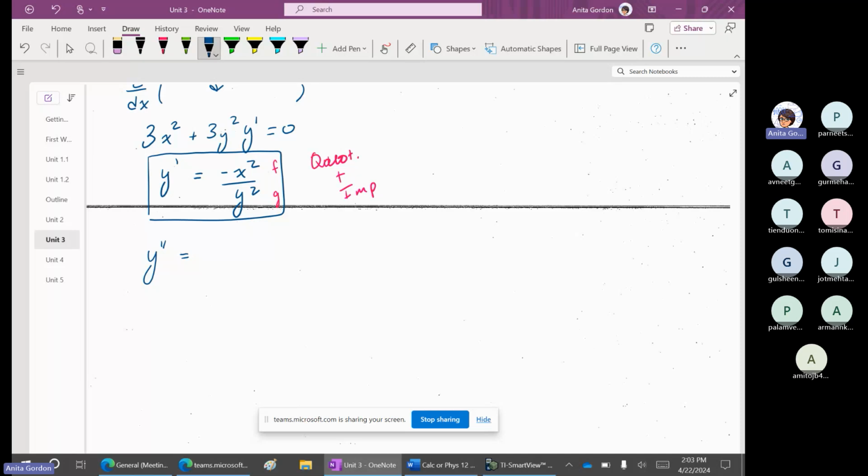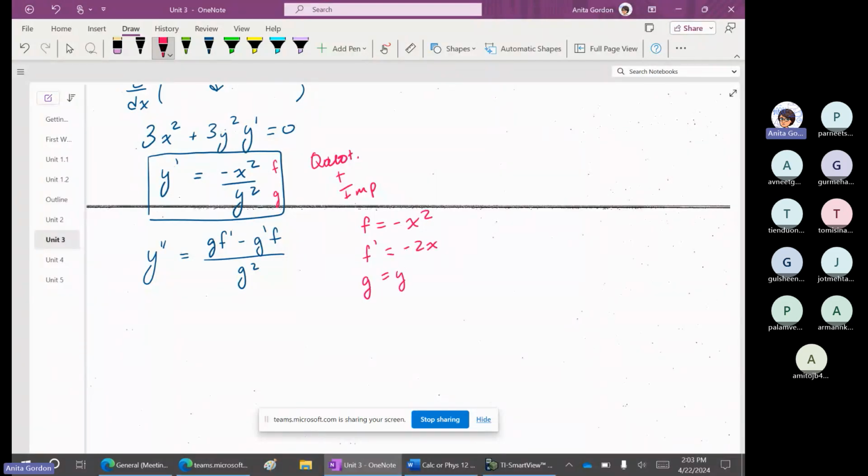So the numerator will have g times the derivative of f, minus f times the derivative of g, all over g squared. Right. Okay, so now let's do a quick aside here. If f is negative x squared, then f prime is negative 2x.